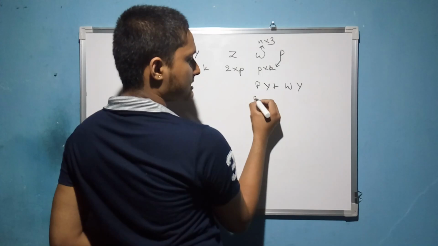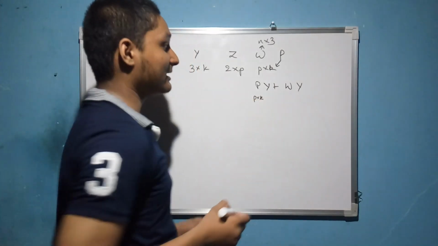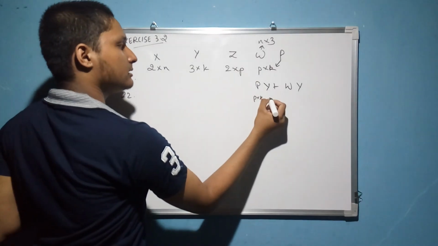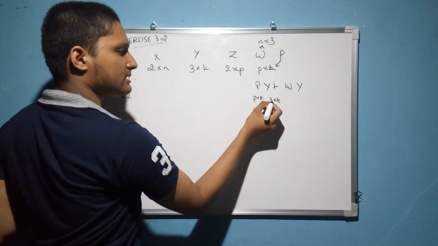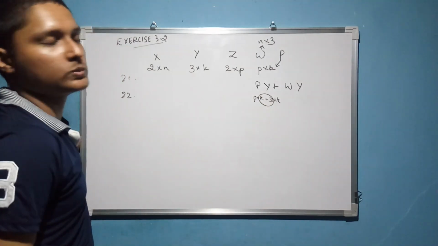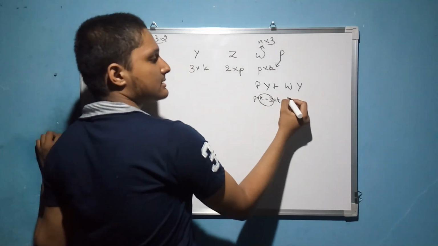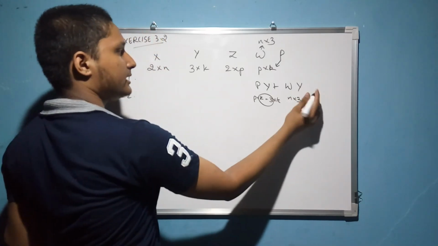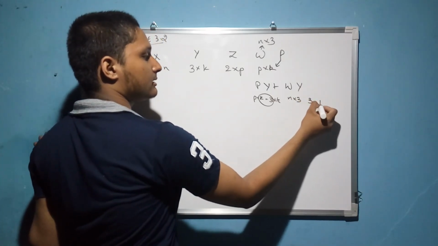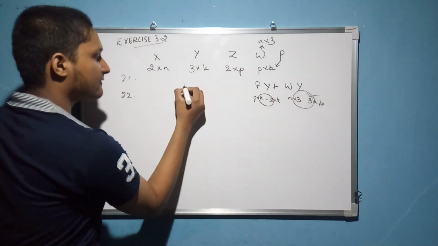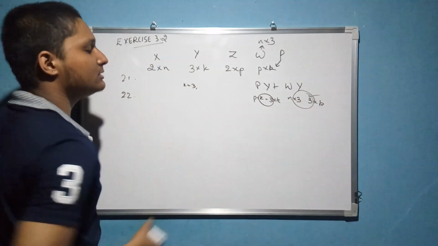For that, this is P cross P by K. Then you have Y has to be 3 by K. So that means that if it has to be defined, K should be equal to 3. Now we have this, that is N by 3 and W is 3 by K. Therefore it is matching. There is no problem here. K is equal to 3 is the first condition you are bothered about.